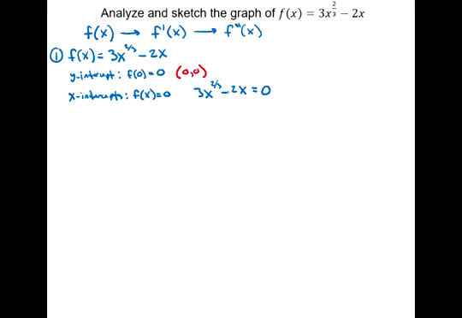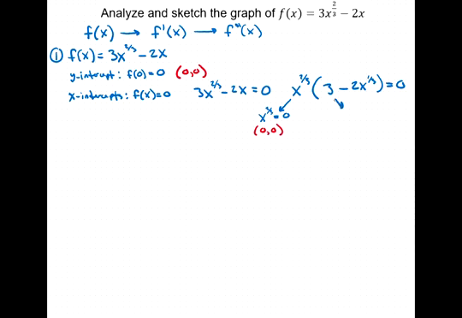Well, let's actually factor out an x to the 2/3 power. x to the 2/3, and so we're left with 3 minus 2x to the 1/3 power is equal to 0. All right, so we have an x-intercept when x to the 2/3 is equal to 0, and that's when x is equal to 0. We already have that point. That's also the y-intercept, so 0, 0.